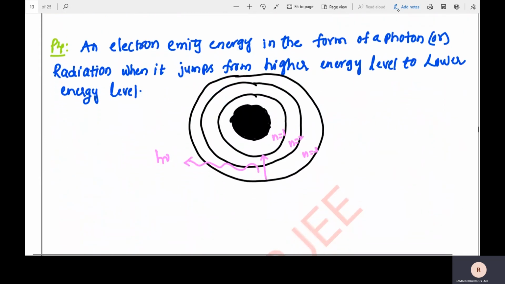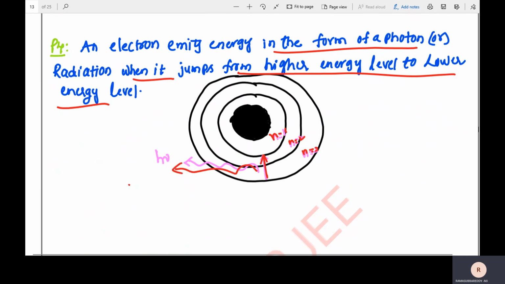Next, the fourth postulate. An electron emits energy in the form of a photon, or radiation, when it jumps from a higher energy level to a lower energy level. Let us take n is equal to 1, n is equal to 2, n is equal to 3. So the electron emits radiation or a photon when it jumps from higher energy to lower energy.